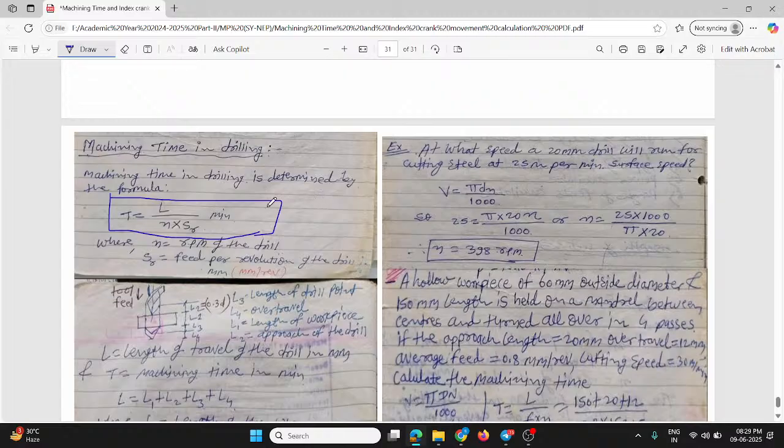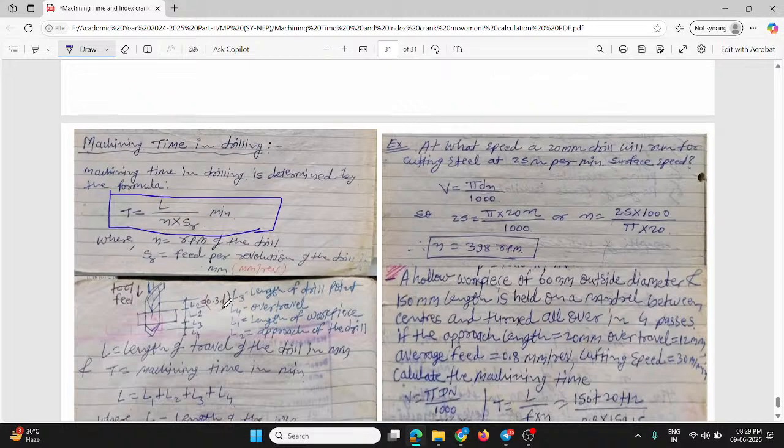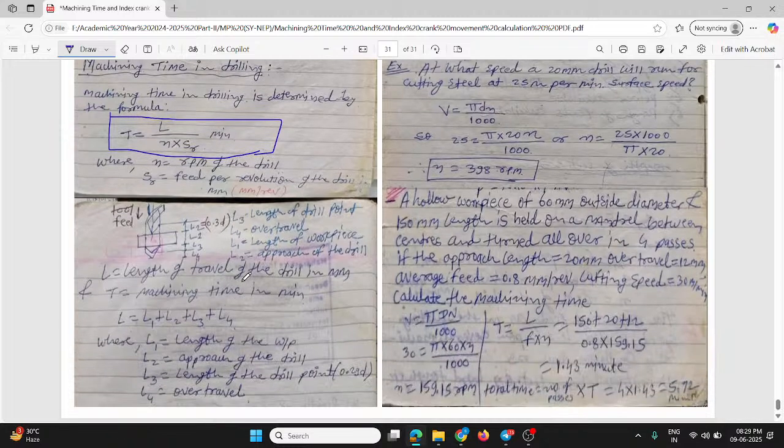So what is L here? That is the total length of tool travel. In the drilling operation, the total length of tool travel is equal to the length of the drill point plus over travel length plus length of workpiece plus approach length of the drill.